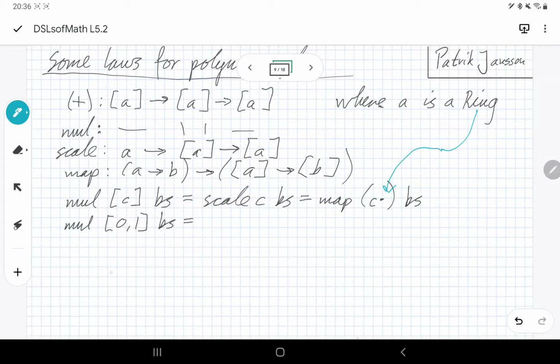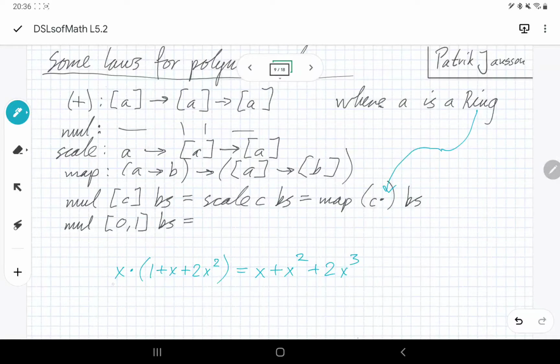We multiply by x, say 1 plus x plus 2x squared. Well, clearly that is x plus x squared plus 2x to the power of 3.